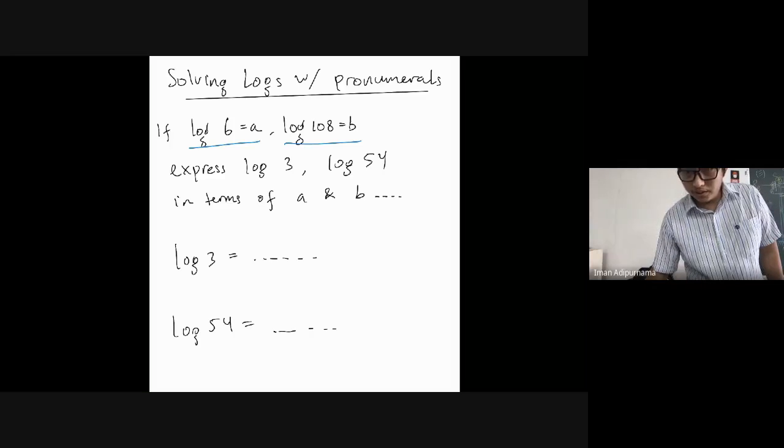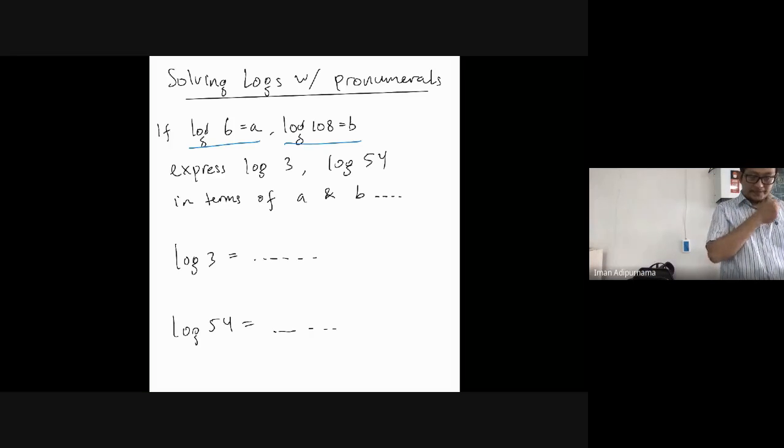Online students, you can also try expressing the logs in terms of A and B. And if you think the course is too fast, just let me know.